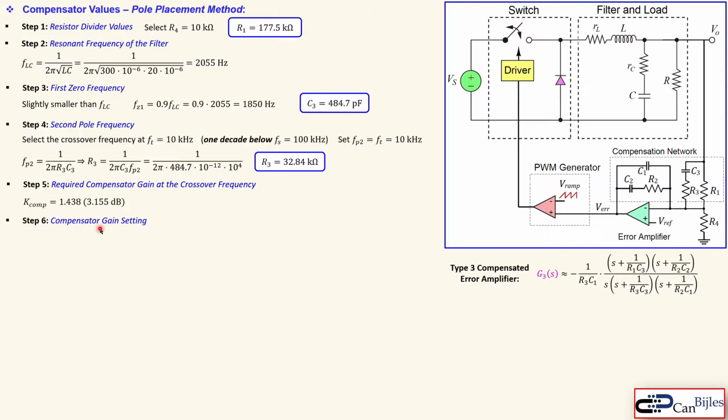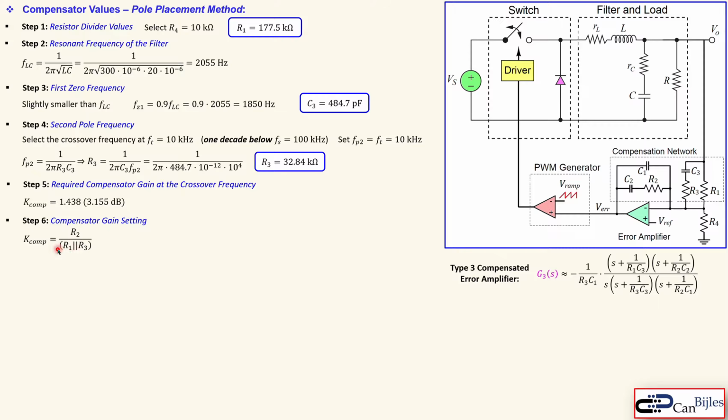Okay, now the compensator gain setting. Now we need to use this K compensator in order to calculate the other component values, because we know what the compensator gain is at the crossover frequency. That is given by R2 over the parallel combination of R1 and R3, sort of the inverting amplifier formula. That's actually shown here. And we know the K compensator, we know already R1 and also R3, so we need to calculate R2.